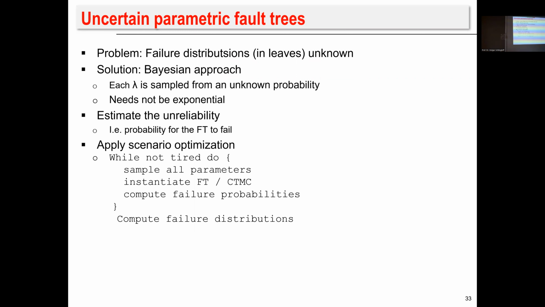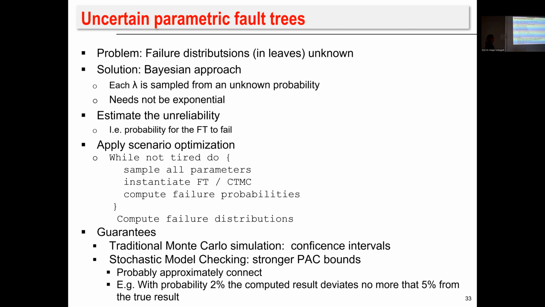What we do is we use a technique called scenario optimization. You first sample your parameters, then you instantiate your fault tree or your Markov chain with those parameters, and you compute failure probabilities. You do this a number of times, and then from your samples you compute your actual value.